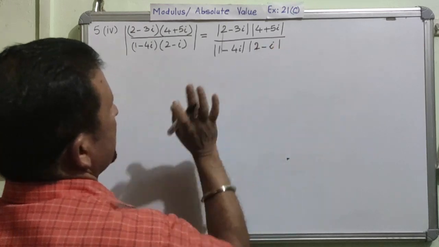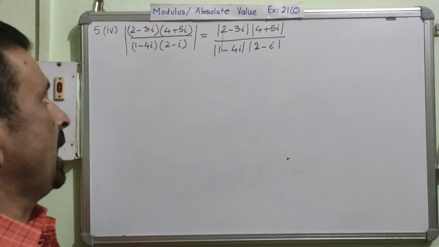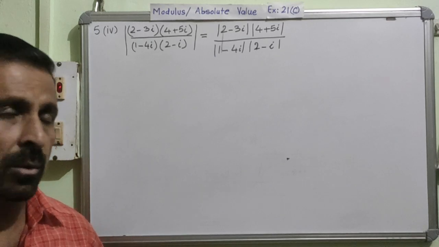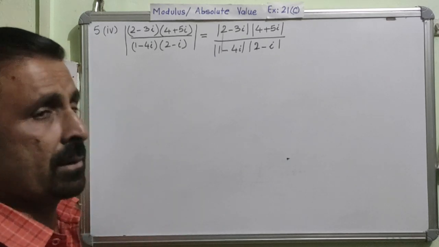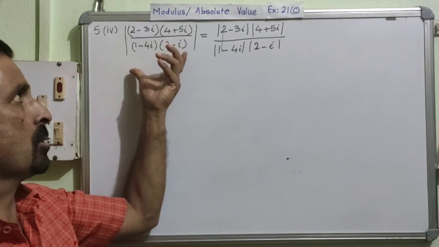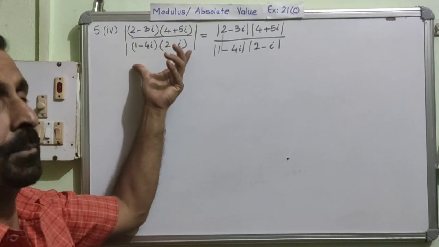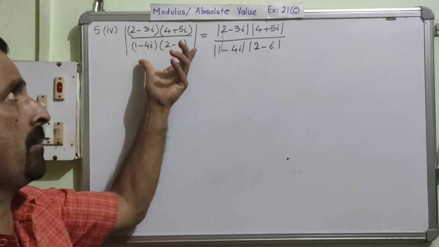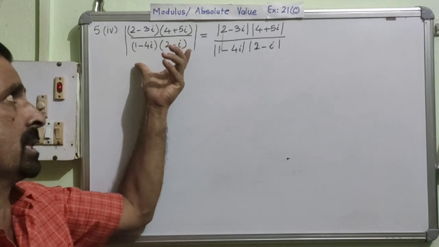So using this property we have to find the value. Means we have to prove the property as well as find the value of this. Basically, we have to find the absolute value of this given expression.